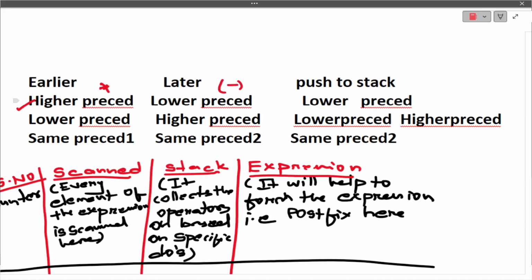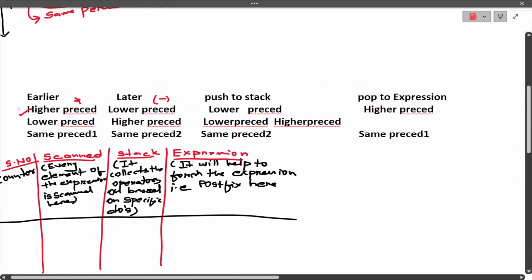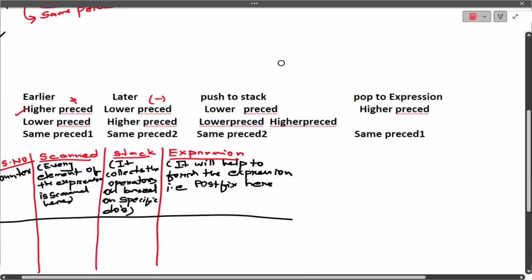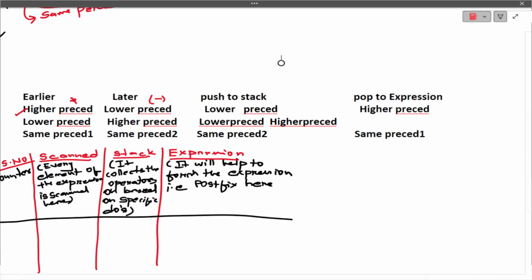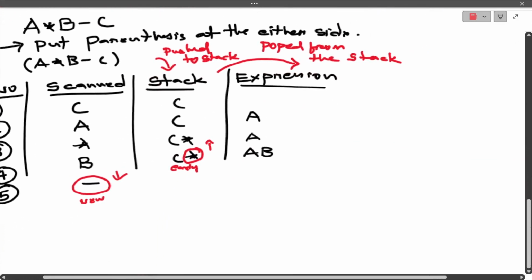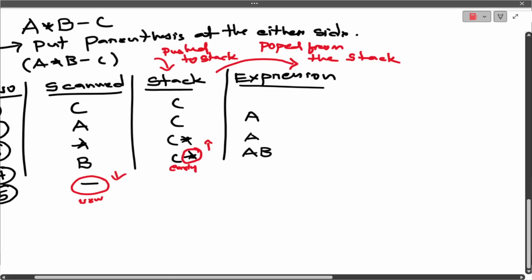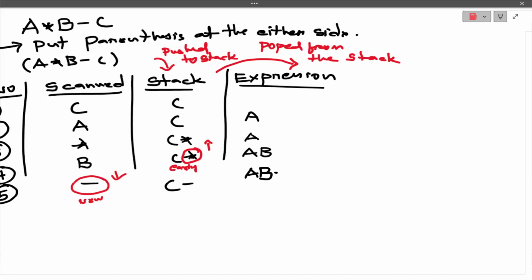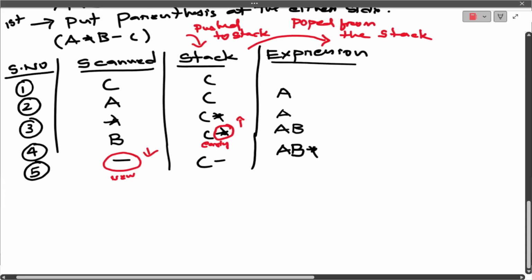When you have this kind of situation, what will you do? I have written that the lower precedence will be pushed to stack and the higher one will be popped to expression. That means in this particular case, my lower precedence will be pushed to the stack, while my higher one will be taken to my expression. See, very easy, right? Just follow that particular table. You will be enjoying this kind of questions whenever it is asked.